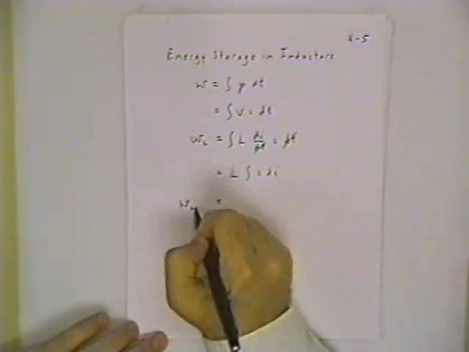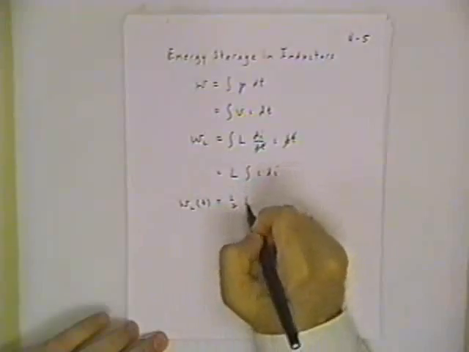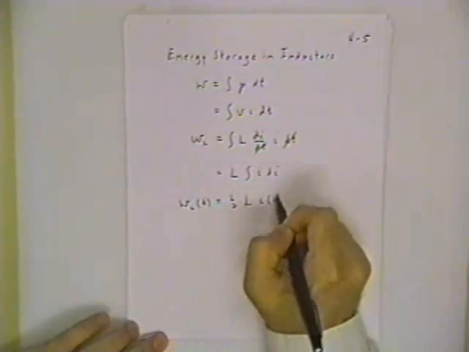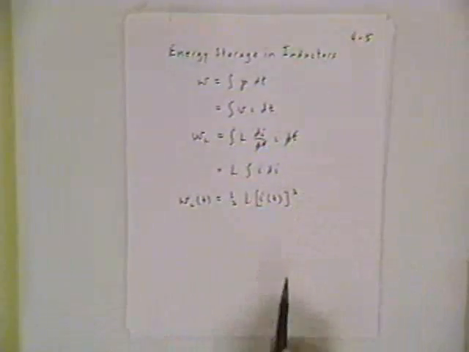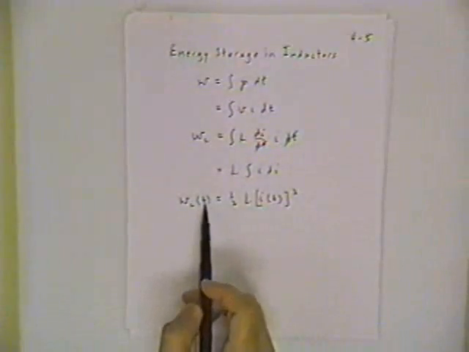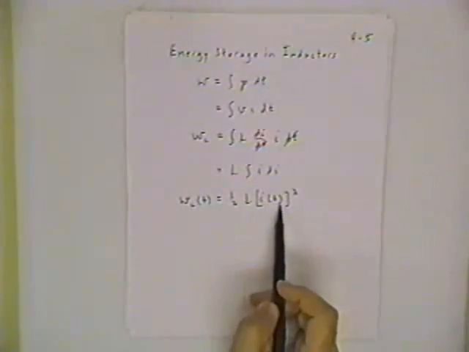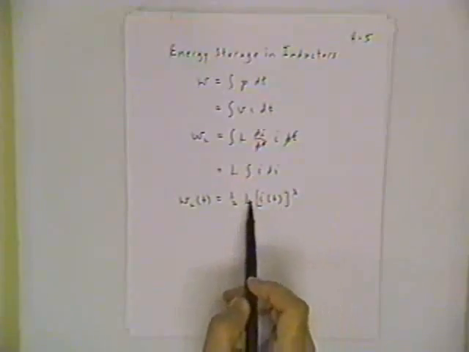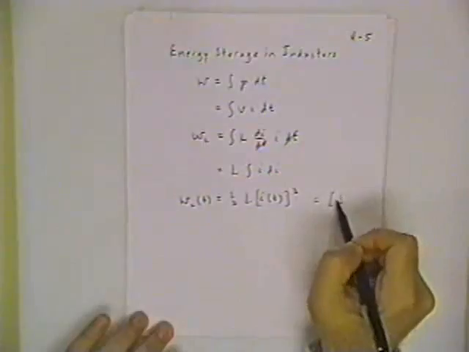Final result, energy storage in an inductor is 1/2 L times I(t) squared. So at any time t, if I want to know the energy stored in that inductor in the form of magnetic fields, I just need to know the current going through the inductor, square that current, multiply by L over 2, and that gives me the energy in joules.